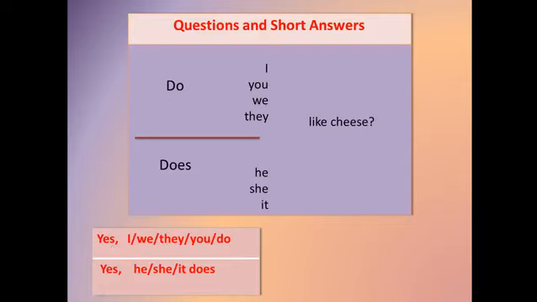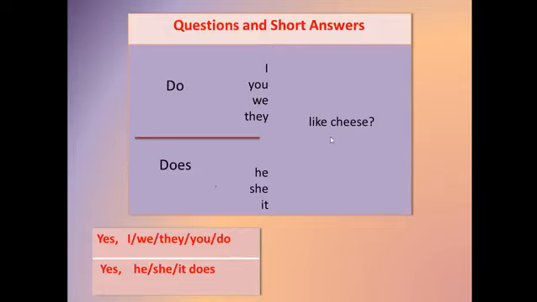So yes, I do. Do we like cheese? Yes, we do. Okay, so if I want to answer my question in the affirmative, with I, we, they, and you, I add do in my answer. Okay? But with he, she, and it, I add does.